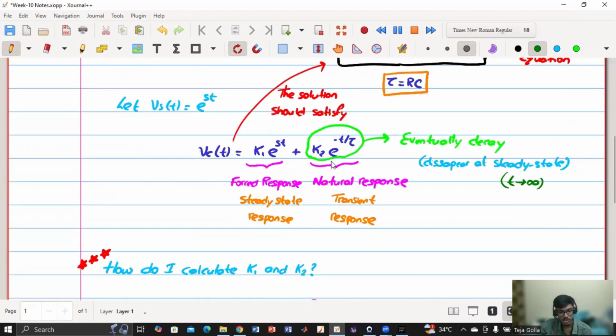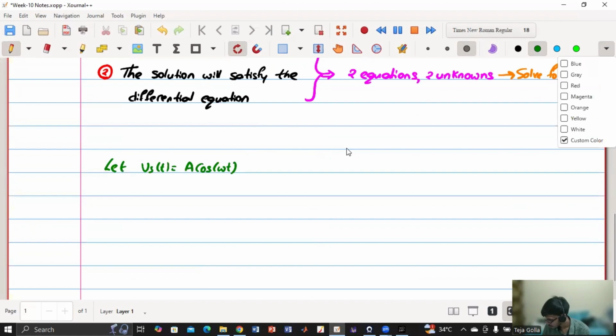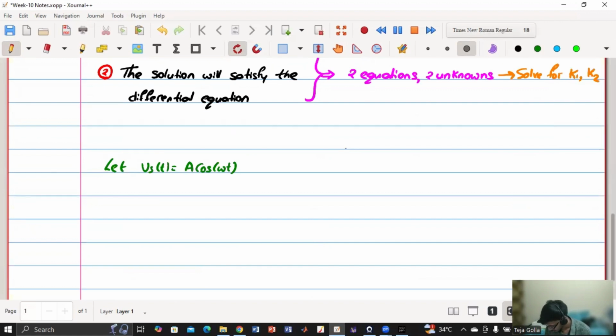So the generalized solution will be Vc of t equals some k into cos omega t plus phi, because there will be some phase lag or phase lead which we don't know. We are generalizing it with some phi, plus say this is k1. Then we have k2 into e to the power minus t by tau.